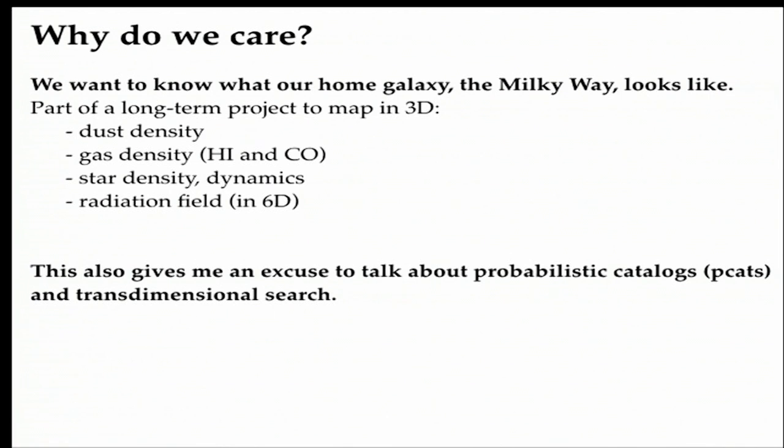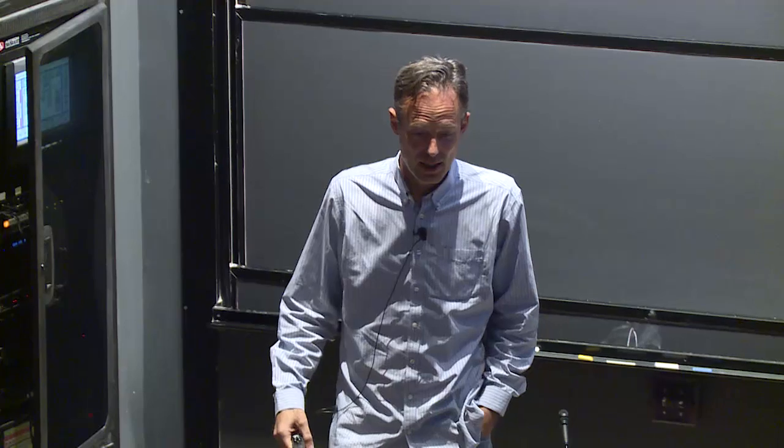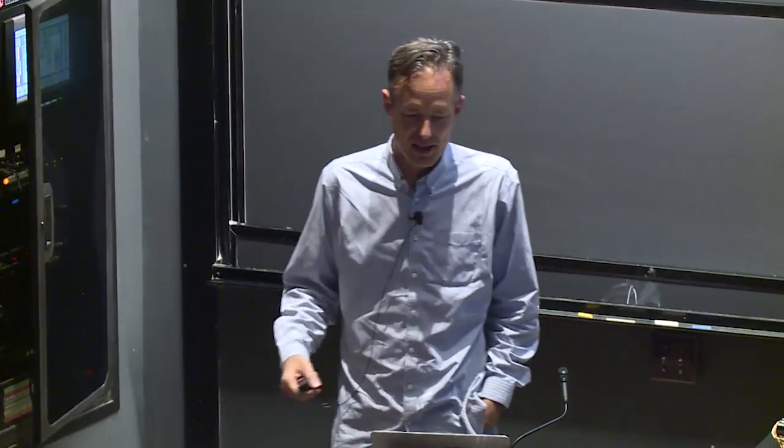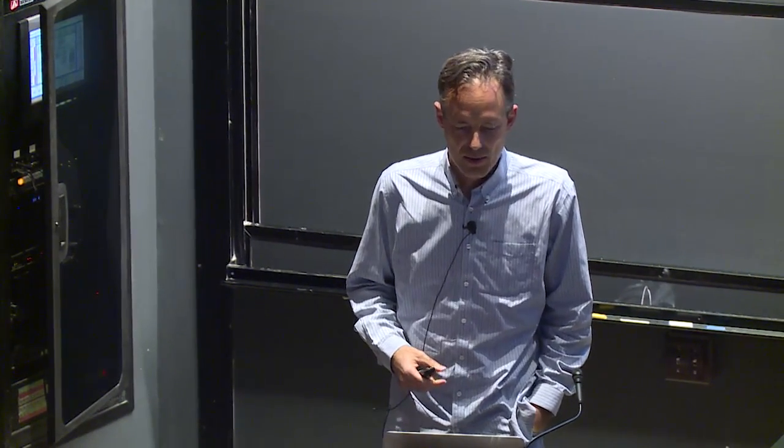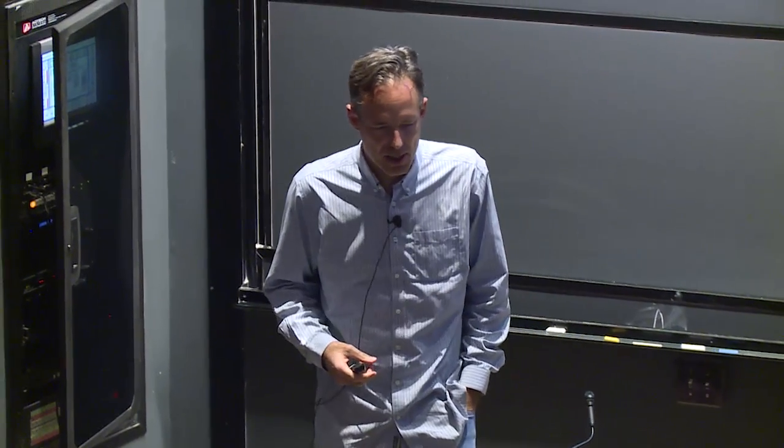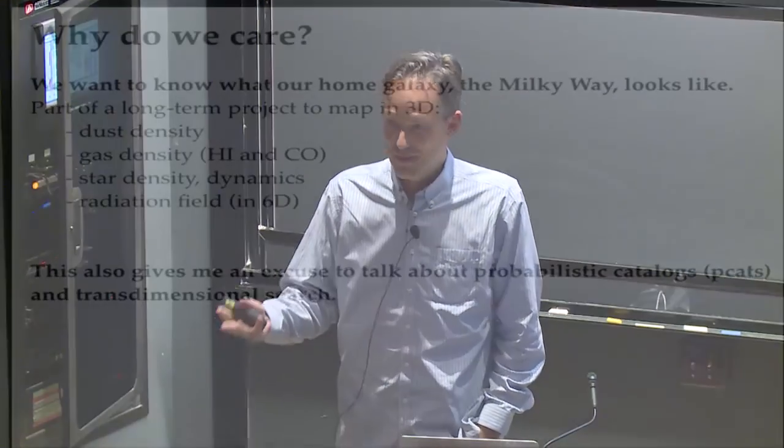So first of all, why do we care about this kind of thing? Well, this is basic human exploration, right? We want to know how our galaxy is put together, where things are. This is part of a long-term project to map a lot of things in 3 dimensions. The density of interstellar dust, the gas density, both hydrogen and molecules like CO, which is the most important molecule for astronomers. That's easy to measure, I mean.